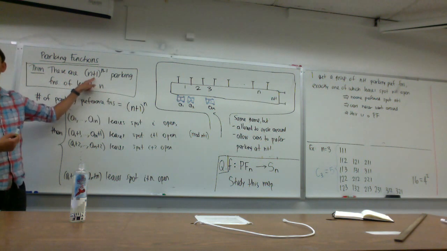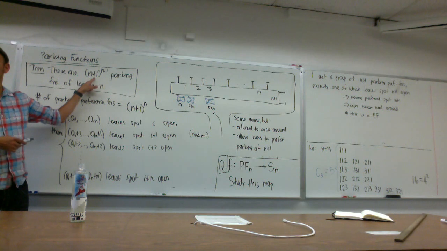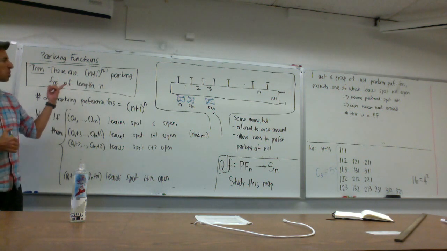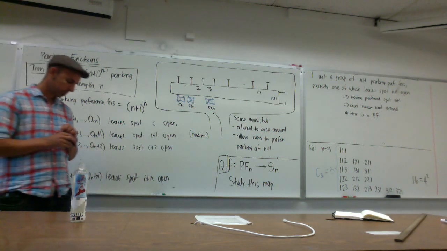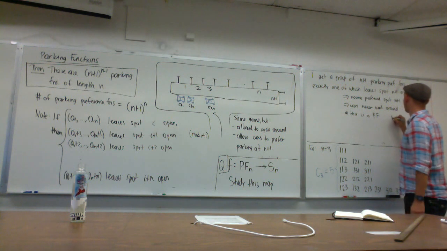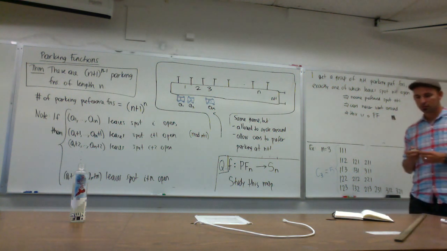So this is the number of parking functions that work for the new game, but those are precisely the ones that also work for the old game. And so that's the proof that the number of parking functions is what I said it is. The end of the proof. Okay.